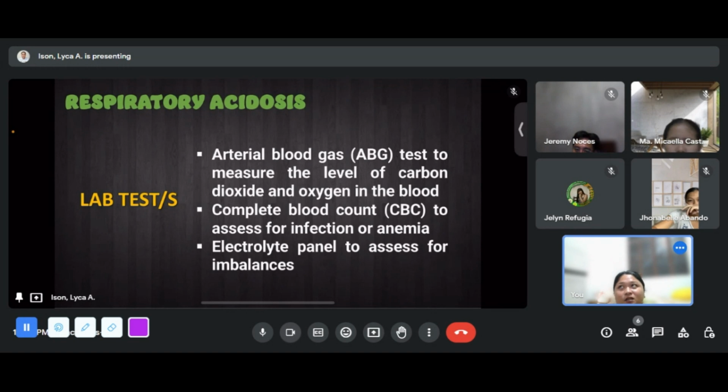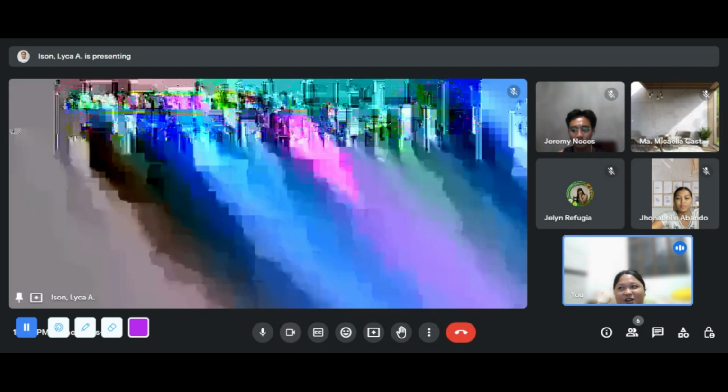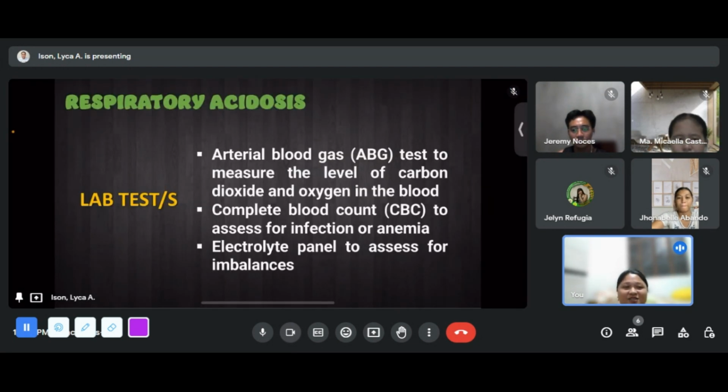Doon nila chine-check kung nagko-compensate ba to as metabolic as respiratory acidosis or alkalosis, or the metabolic alkalosis or the acidosis. Yun.